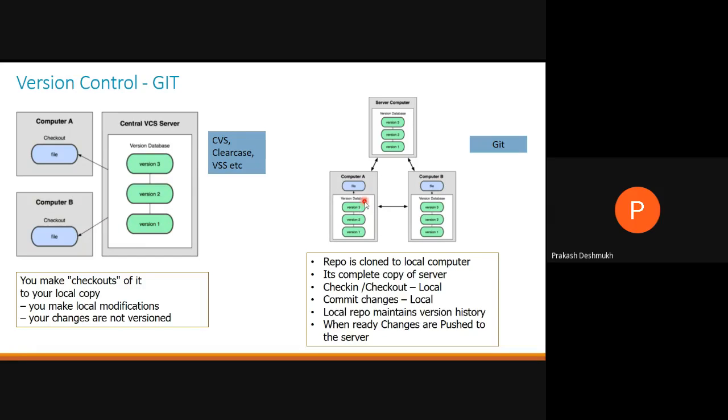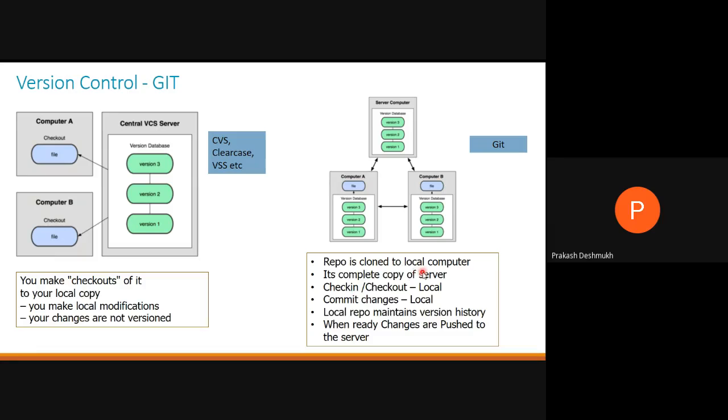There is little difference in Git. So in Git, you clone the repository and it starts making versions in the local repository also. And when you commit it, then it goes to the server. But it keeps version history in the local machine also.